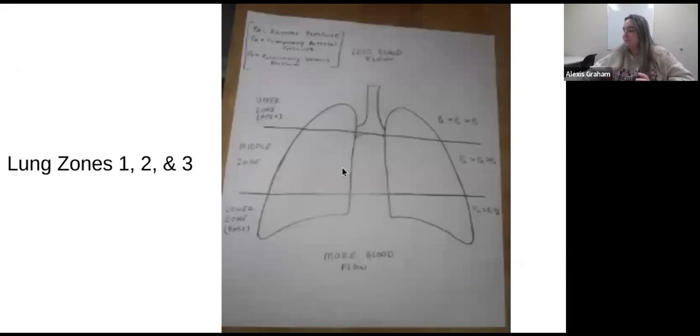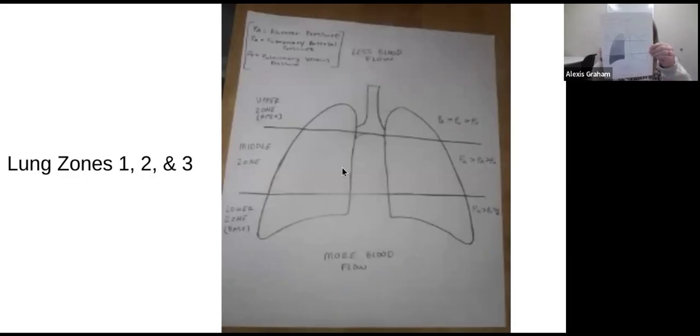I have drawn out a model of the lung zone model with lung zones 1, 2, and 3 on it, and it shows all the pressures on the side. I also have it in my hand. In lung zone 1, the alveolar pressure is the highest due to the lung's natural tendency to expand at the top.